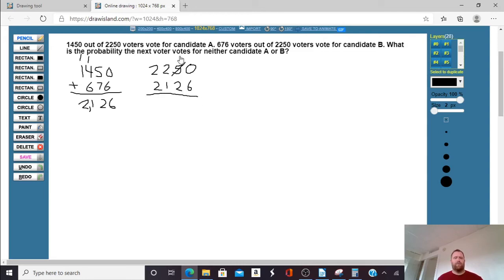So I'm going to borrow from the 5, cross it out, make it 4. And we have 10 minus 6 is 4. 4 minus 2 is 2. And then 2 minus 1 is 1. 2 minus 2 is 0. So we have 124 that didn't vote for either A or B. And the total outcomes we have so far is 2,250.